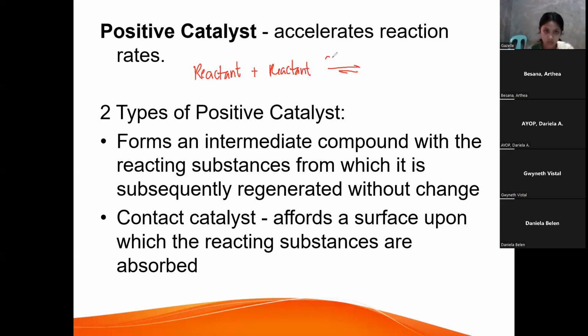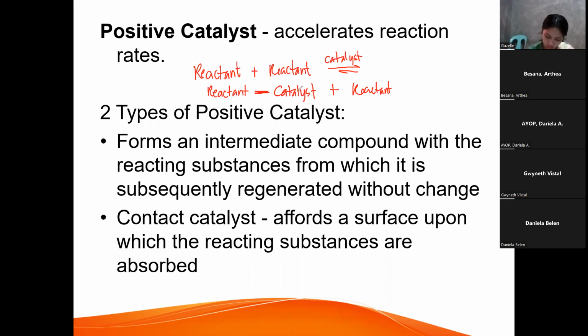Tapos, maglalagay ka ng catalyst. Ang mangyayari sa catalyst na ito, magpo-form siya, example, ng intermediate compound sa isang reactant. So example, magpo-form siya ng intermediate compound dyan, meaning combination of the reactant and the catalyst.